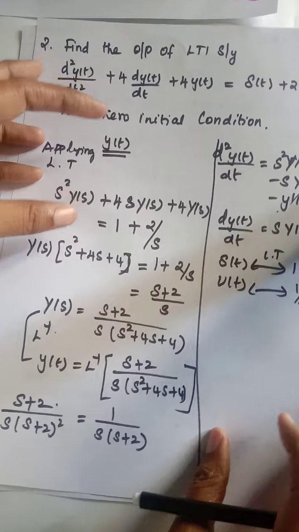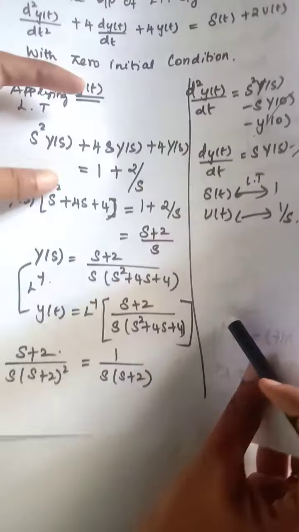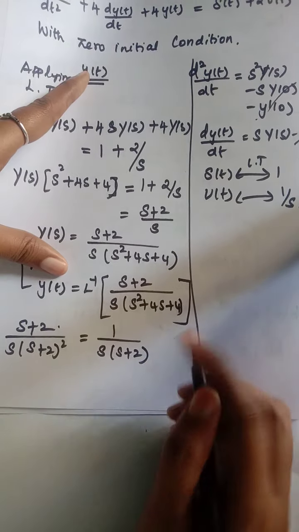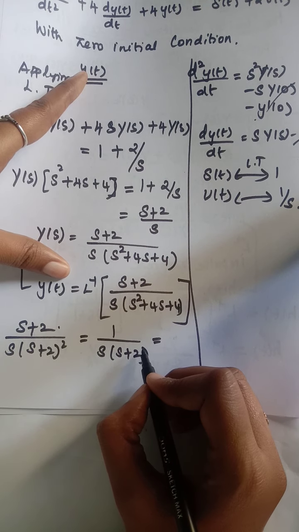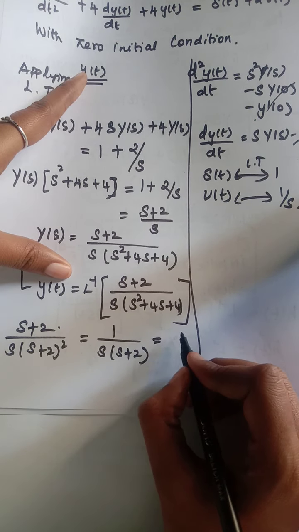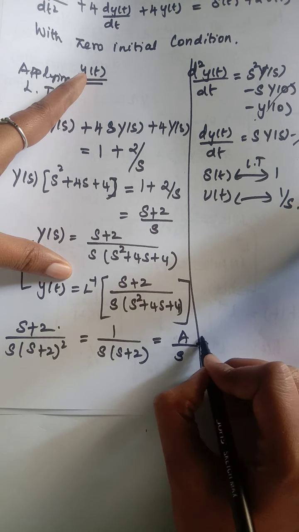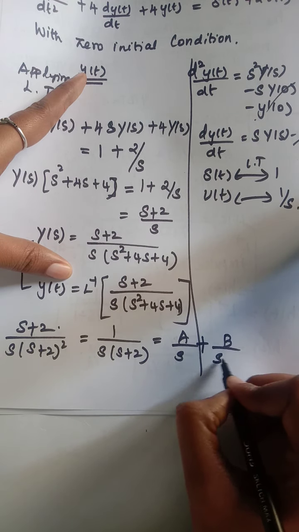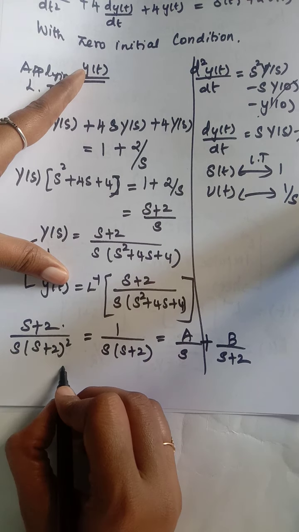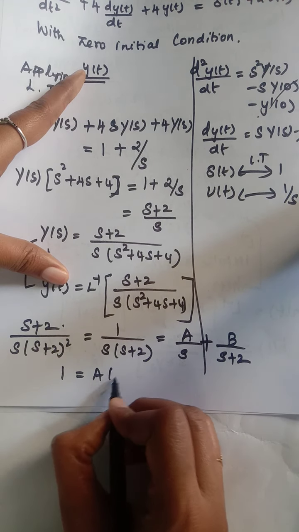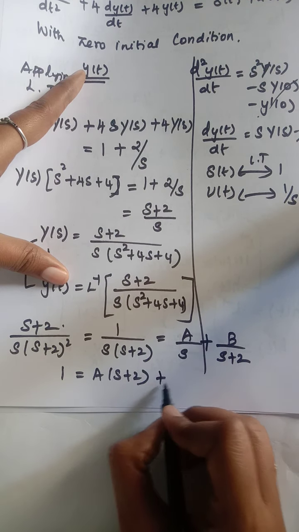See, you know that in Laplace transform, if you are having two products, we may not be able to apply the Laplace transform directly, so you have to apply partial fraction. So for this the partial fraction is a by s plus b by (s plus 2). So here 1 is equal to a into (s plus 2) plus b into s.